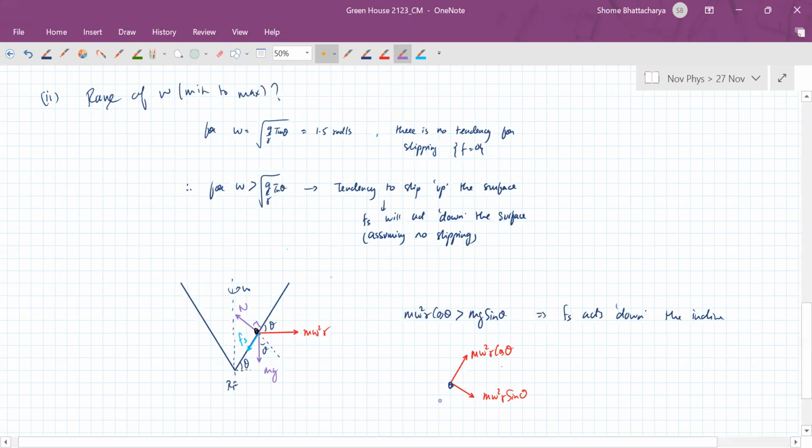Then there are mg's components, which will tend to act like this.